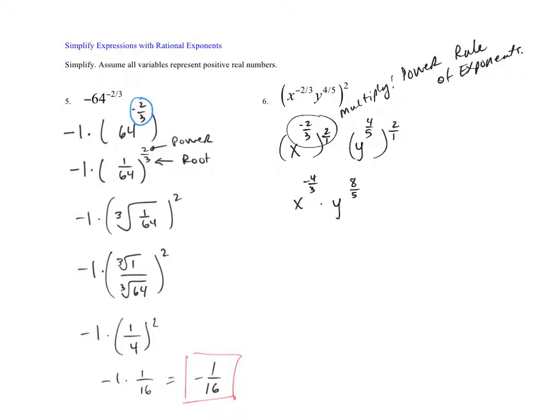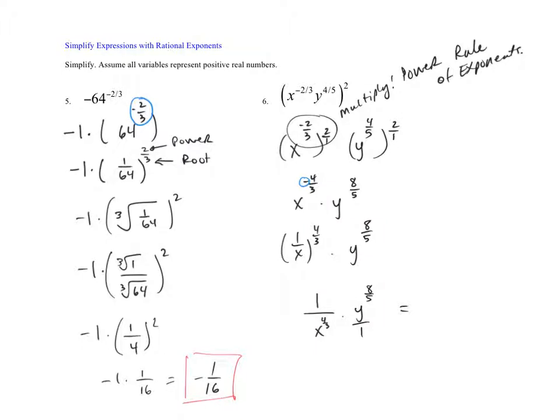Okay, and now I have a negative exponent here, so I'm going to write the reciprocal of x to the positive power. And 1 to any power is just 1, x to the 4/3, and then that's times y to the 8/5, and it would be conventional here just to go ahead and multiply those.